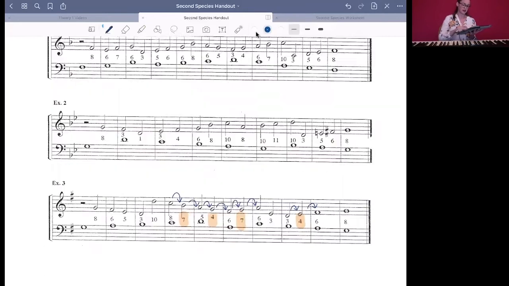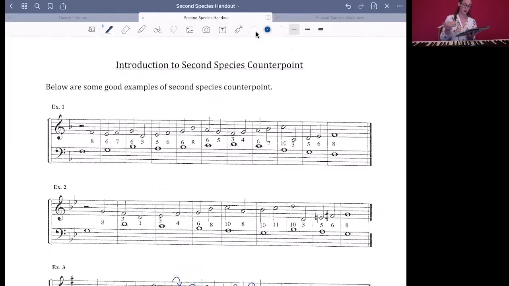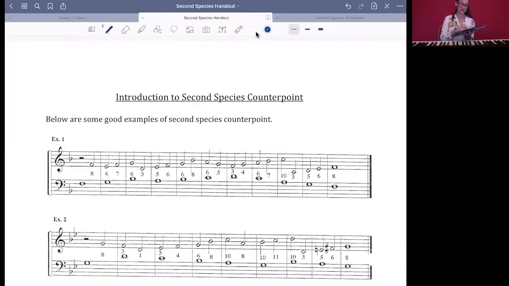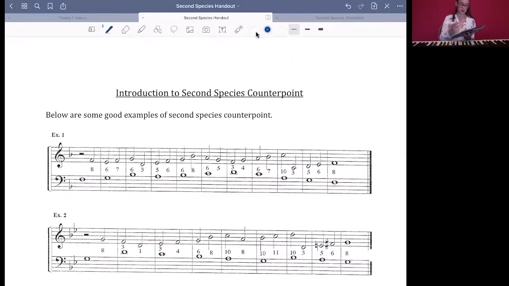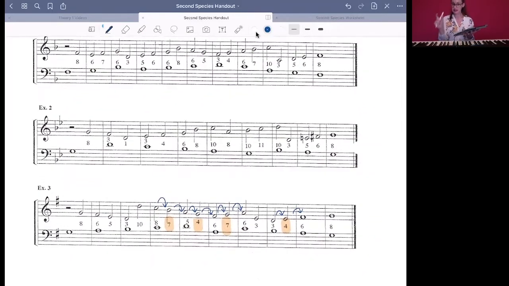So that is one of our new terms. You guys have learned a lot of vocabulary in the past 2 weeks, but this is another one of our new terms that is crucial to second species counterpoint, and that is the passing tone. A passing tone is a note that connects by step.